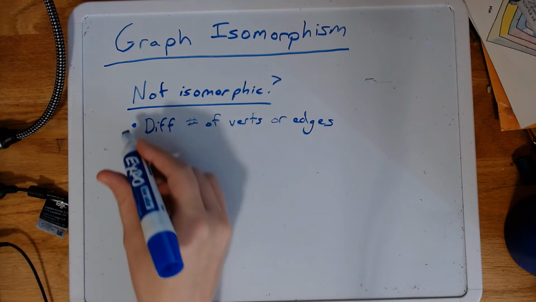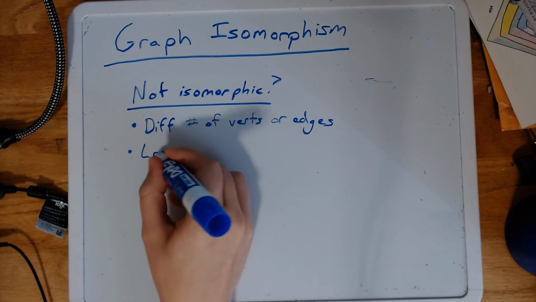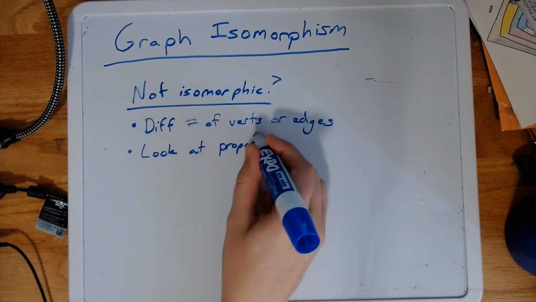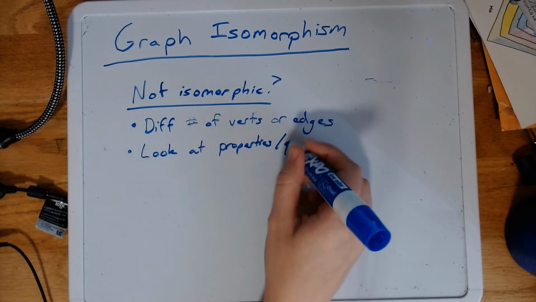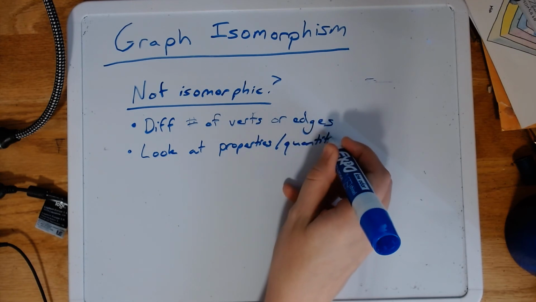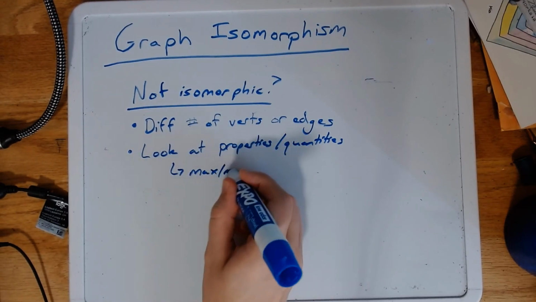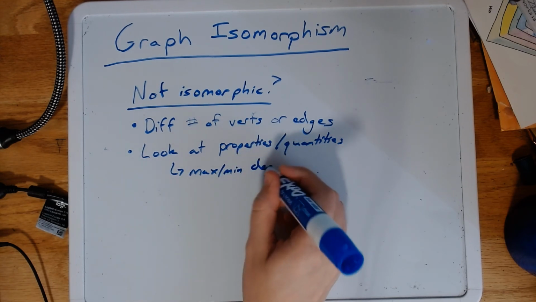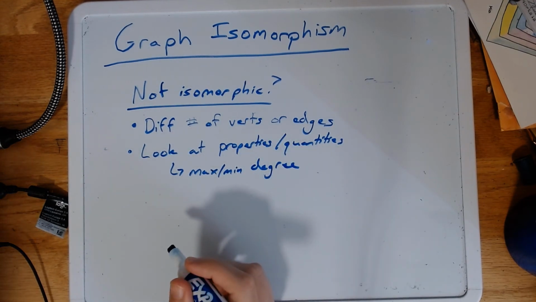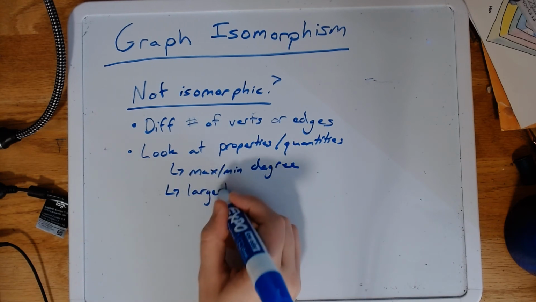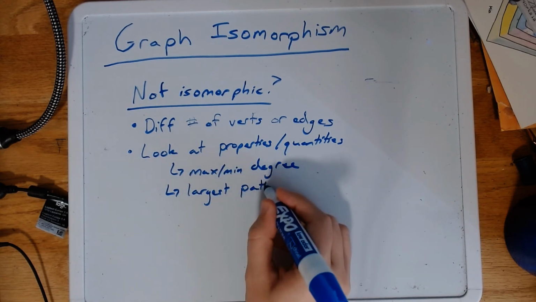But we can look at some other properties or quantities as well. We could look at the maximum or minimum degree of vertices. We could look at the largest paths or cycles that are subgraphs.